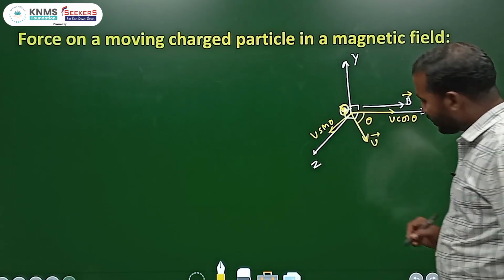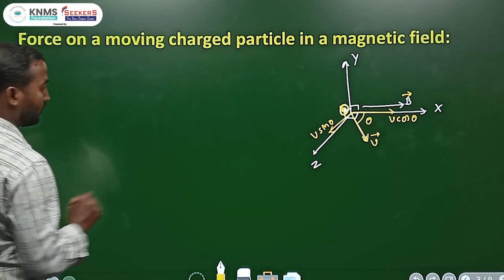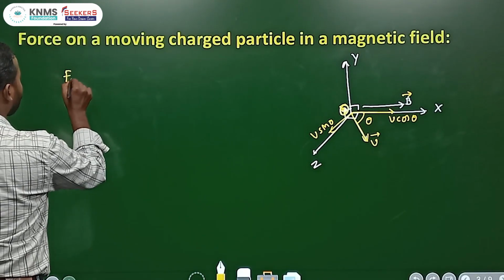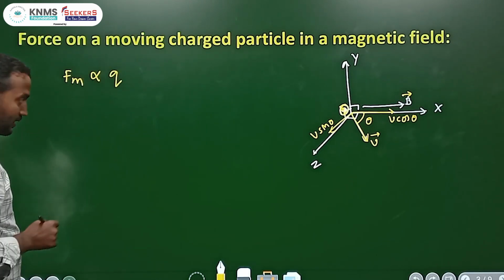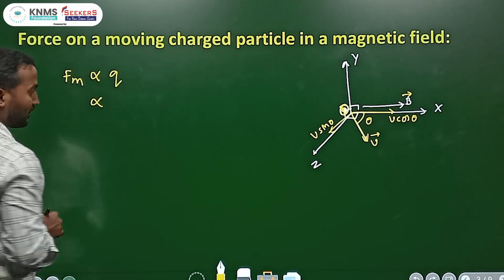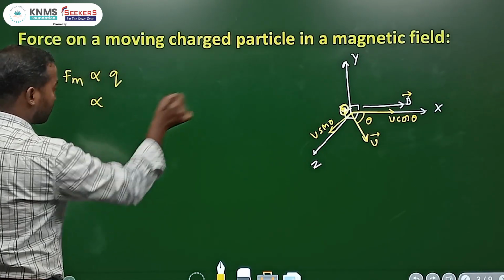Now the magnetic force experienced by this charged particle is found to be directly proportional to the charge magnitude, and also directly proportional to the velocity component perpendicular to the magnetic field.